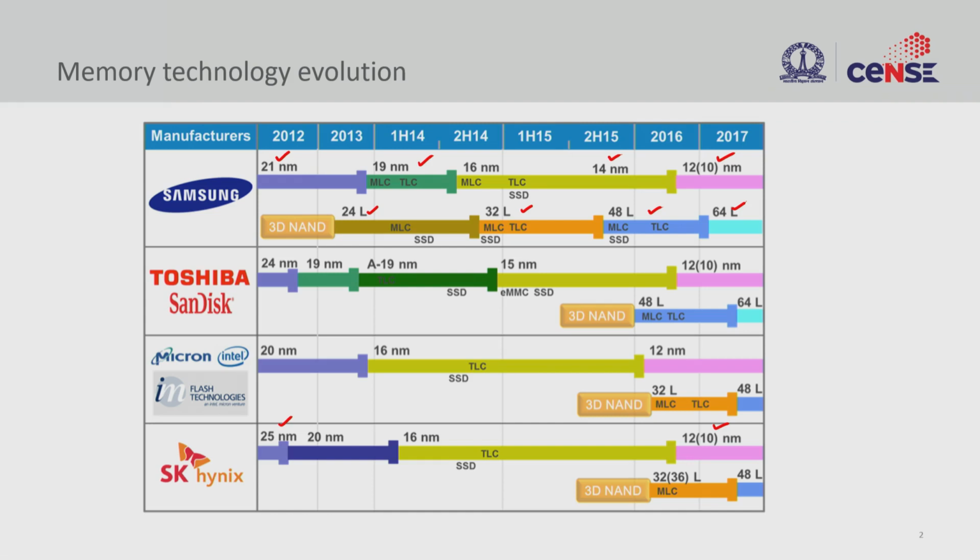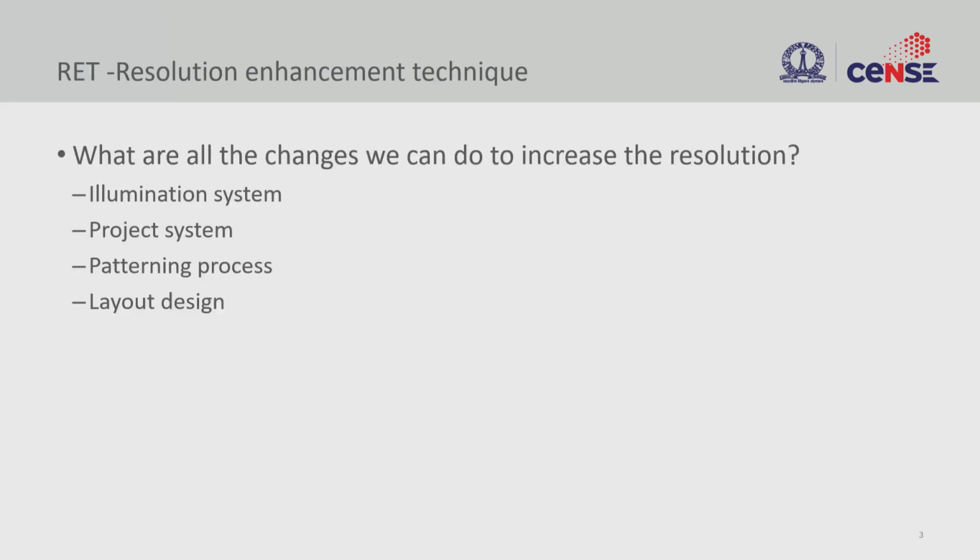But then how are we achieving all these enhancements? So let's look at it objectively. The places where you could make a difference in resolution enhancement is the illumination system itself, the light source and the illuminating optics. Whether we can make changes there. The projection system, is there something that we can do to the projection system? That is illuminating, and then you are capturing those scattered light from the mask.